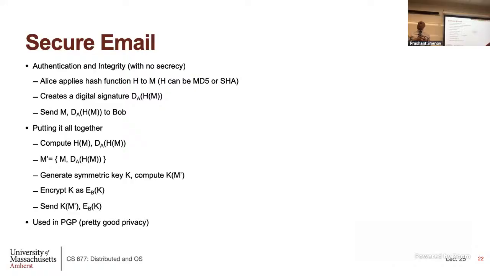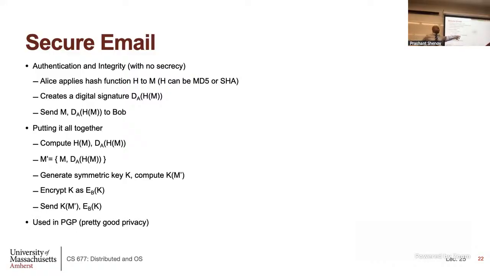You can put both of these together and you will get all of our properties. So this is our full secure email protocol. We'll take a message M, an arbitrary length string that Alice wants to send to Bob, and construct a hash. Sign the hash. You sign it with your private key, so Bob can verify it. Then I take the message and the signature, and I make a new message M prime.